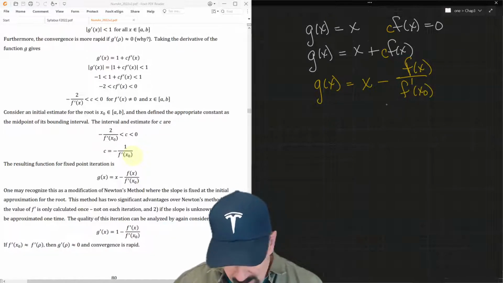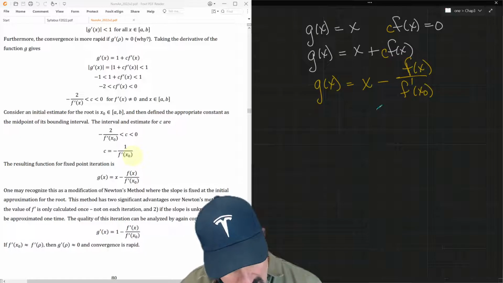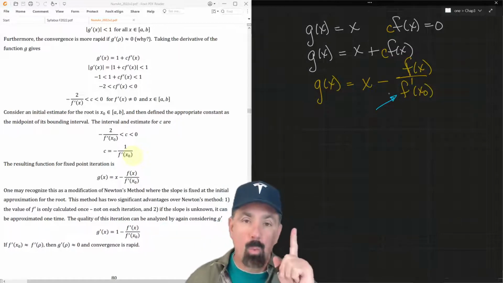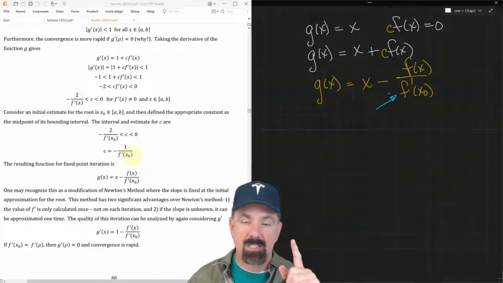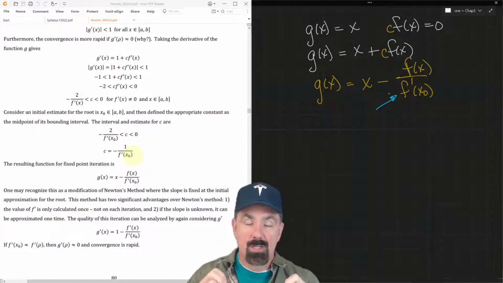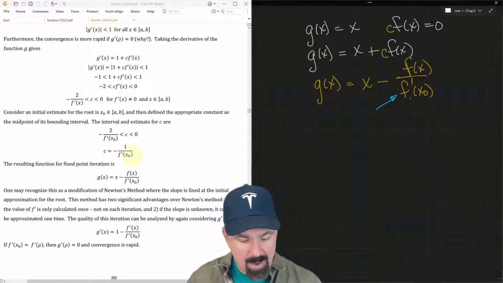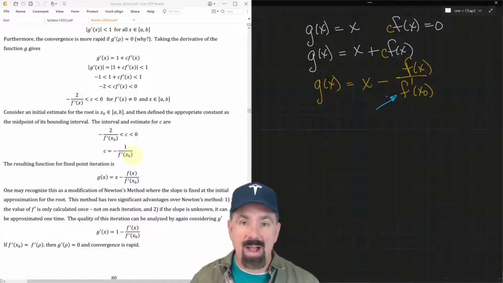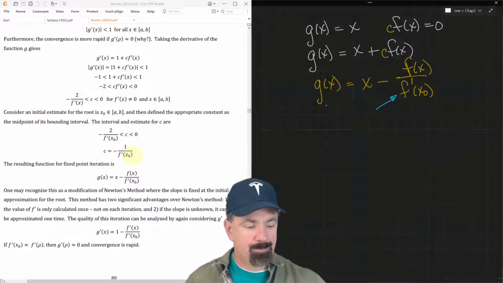I'm dividing, but in this case, I'm dividing by just one slope across the entire interval a to b. And so it's incumbent upon me to try to choose the best slope that I can, because the best slope here is going to make my k value, my bound on the rate of change of g, as small as I can make it.